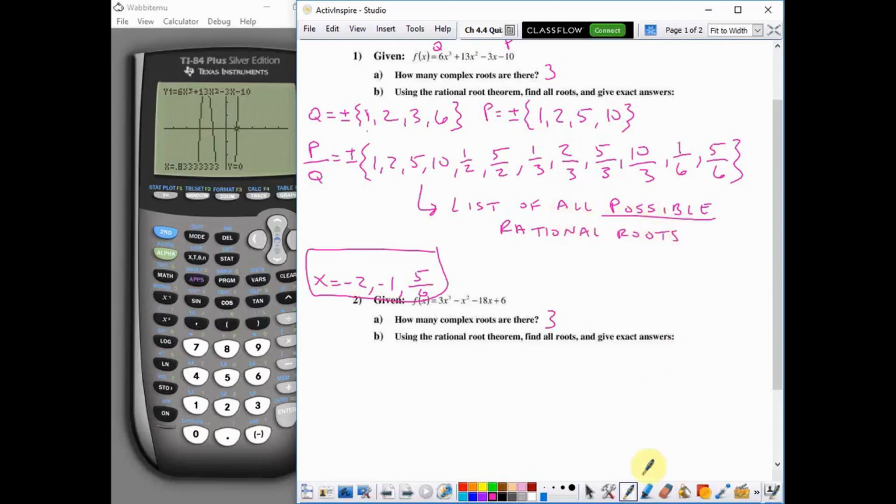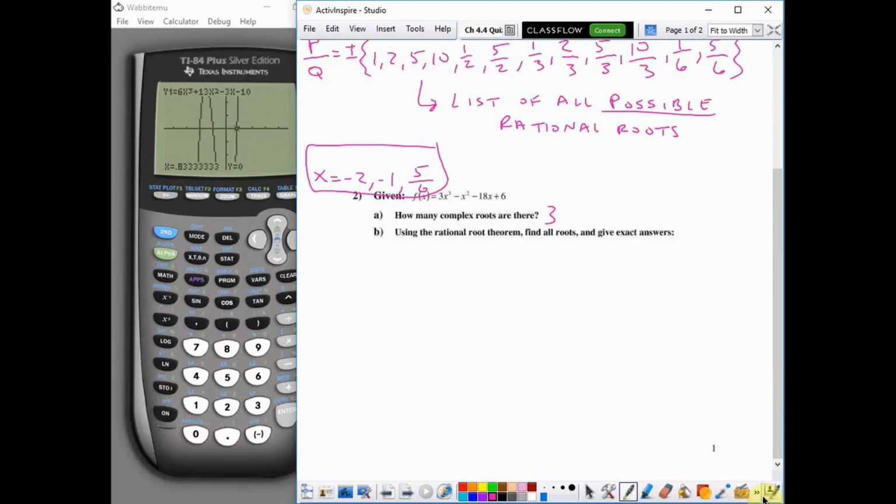Okay, I'm stressing possible because they can't all be roots. There are 24 of them when you include the positive and negative version of all of these numbers. There's 24 options here. There can only possibly be 3 correct ones. So these are all the possibilities we had to choose from, and we found the 3 that are correct.